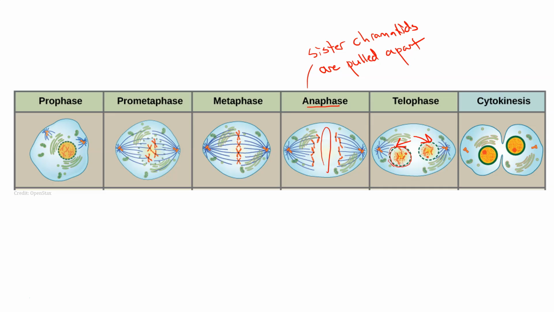Again, how this is accomplished, I will never be able to understand. How a cell can figure out that a new set of chromosomes has just arrived and now it needs to build two separate little nuclear envelopes. Serious cell signaling going on there to make that all happen. But once those two new envelopes reform, then this is telophase.